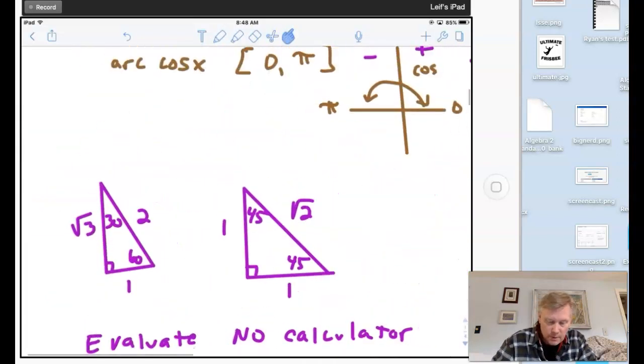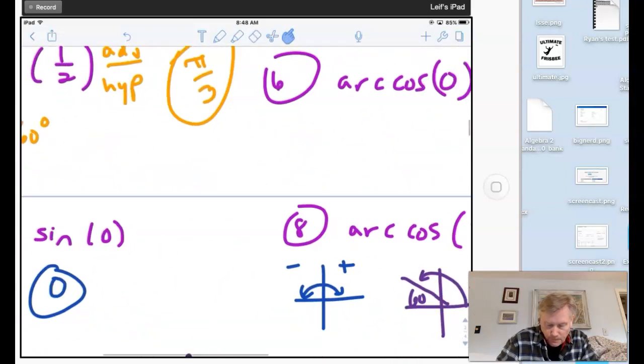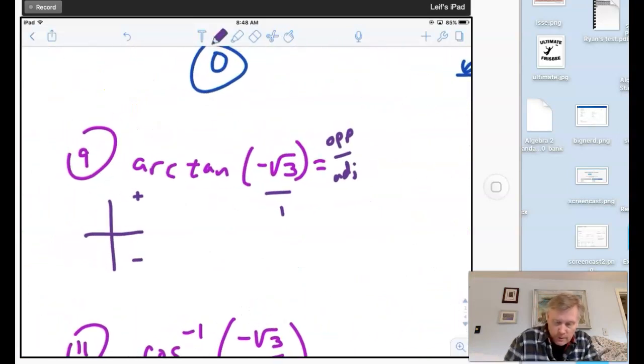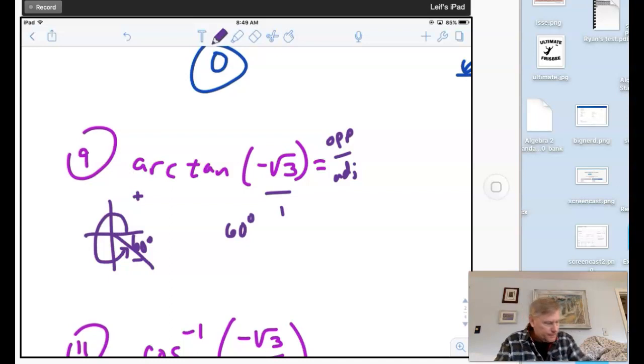Back up to that triangle, over and over again. Opposite the square root of 3 will be the 60 degrees. So 60 degrees is my reference angle, which means I'm down here. So if that's 60 degrees, then I'm going all the way around to there.